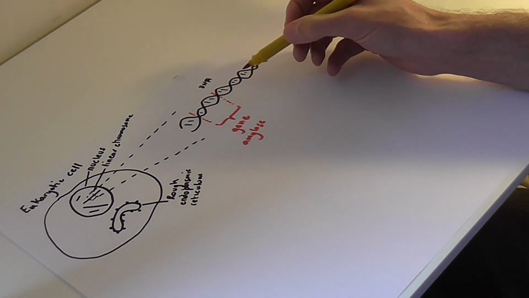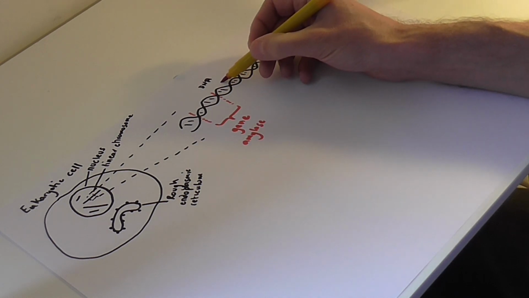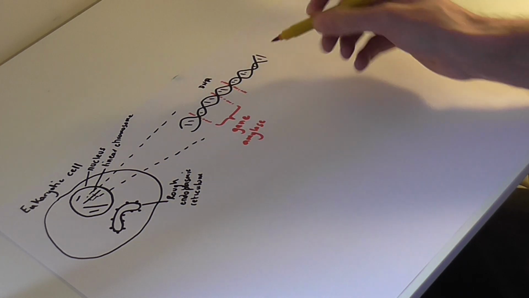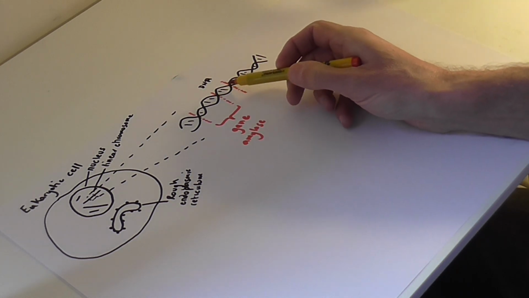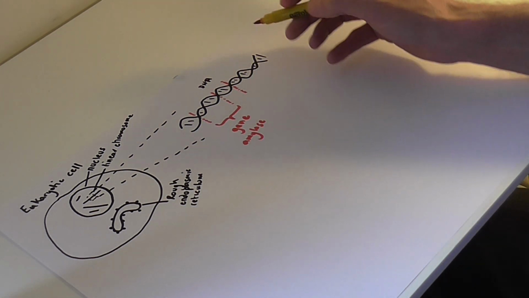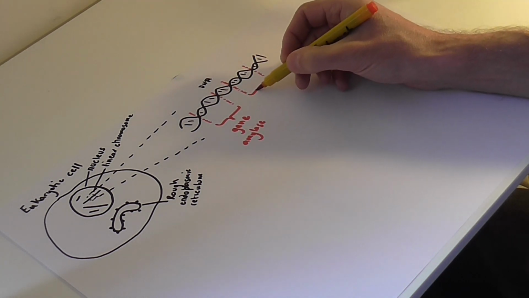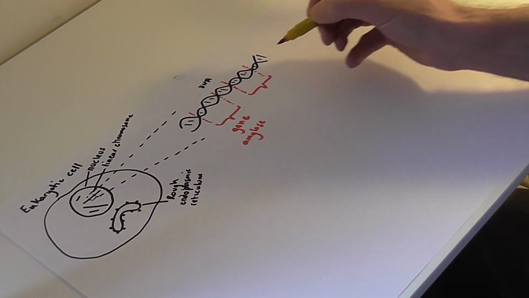We then might have a region of non-coding DNA. So this sequence of bases that's present in here doesn't code for a polypeptide at all. But from here to here, this is a separate gene.